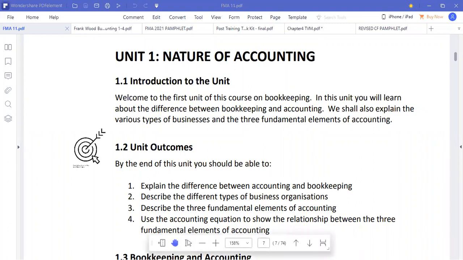By the time we're done, you should be able to differentiate between accounting and bookkeeping and cost and management accounting. You also should have learned how to describe the different types of businesses and the fundamental elements that you need to know in accounting. You also need to use the accounting equation to show the relationship that exists between those fundamental elements.